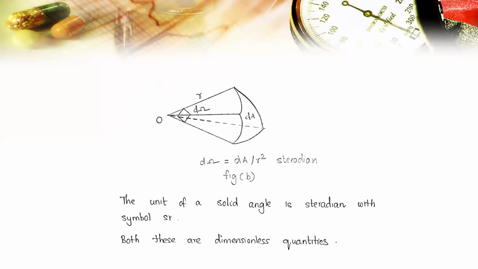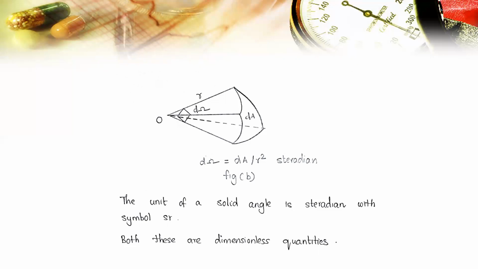Next, we have the solid angle. To measure the solid angle, we have to imagine a cone shape, like ice cream cones. Most of us like ice cream, and sometimes they give it in cones.